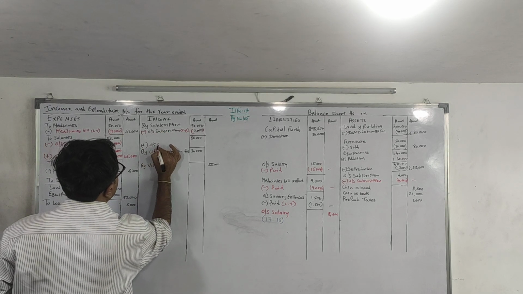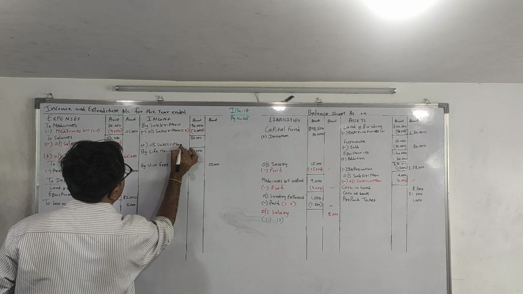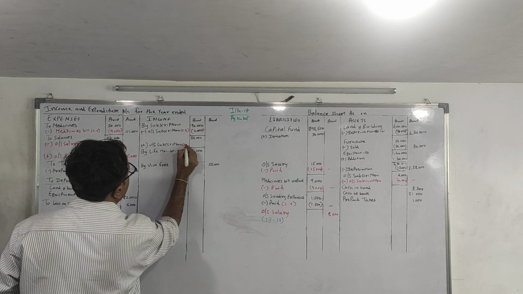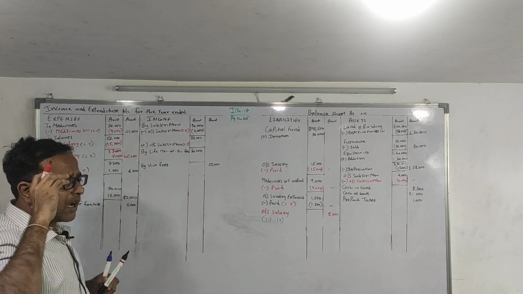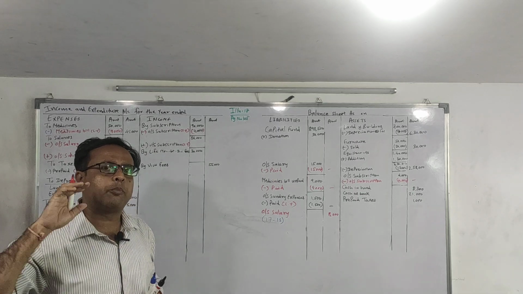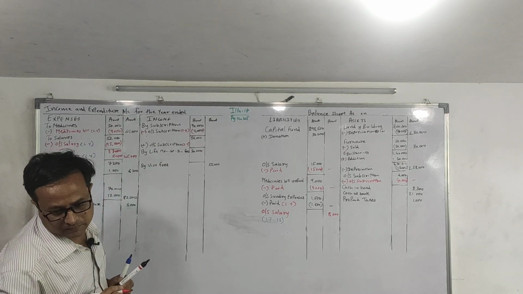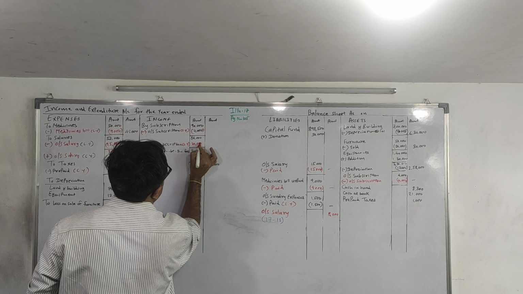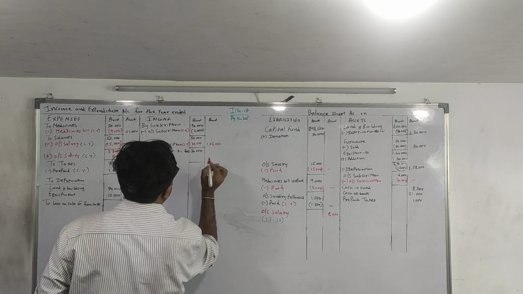Outstanding subscription. This is of which year? Current year. Any current year outstanding in income and expenditure, we simply add it. Exactly do the opposite for last year. Here we have reduced it. 86,000 plus 20,000, which comes to 1,06,000.